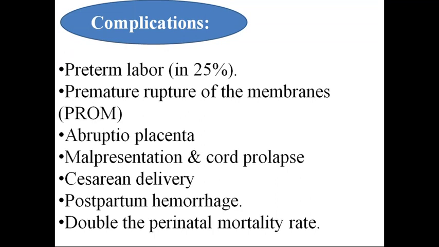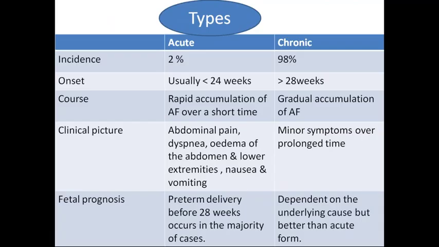Polyhydramnios can cause preterm labor, rupture of the membranes, abruptio placentae, malpresentation, cord prolapse, cesarean delivery, postpartum hemorrhage, and it also doubles the perinatal mortality rate.